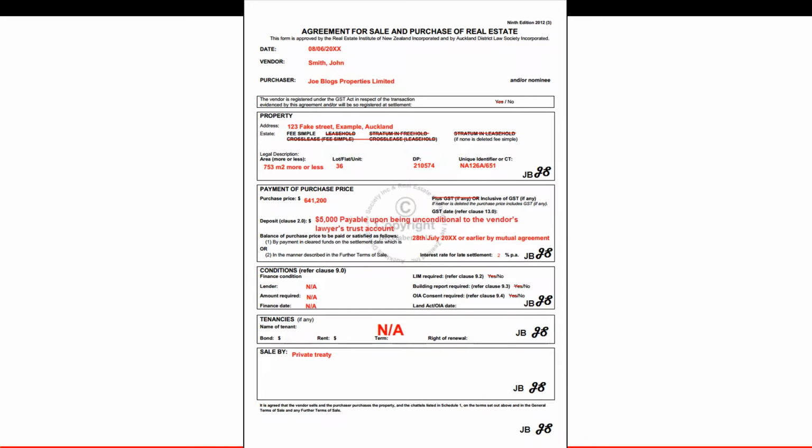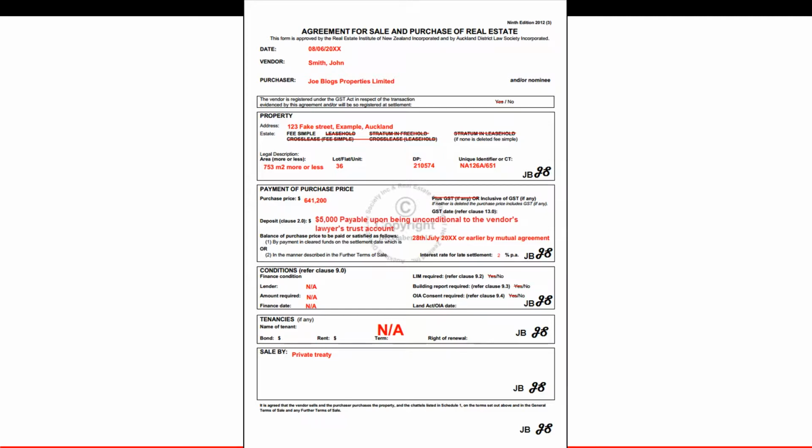But for me, I never put down any money until I know the deal is going fully ahead, 100% unconditional. And that's why I've always put in something similar to this, $5,000 payable to the vendor's lawyer's trust account upon going unconditional. And you want to put it in the vendor's lawyer's trust account because you don't want to pay it directly to the purchasers, because if they go out and use it, or they might even say, oh, I've never received the money, and it just causes more heartache and drama that can be avoided.